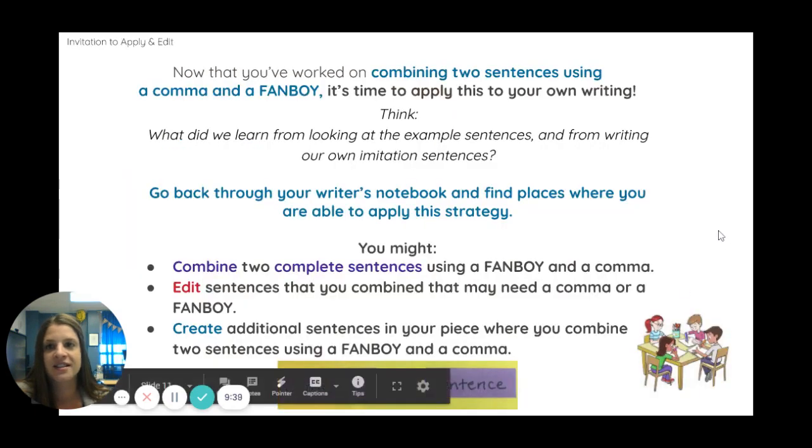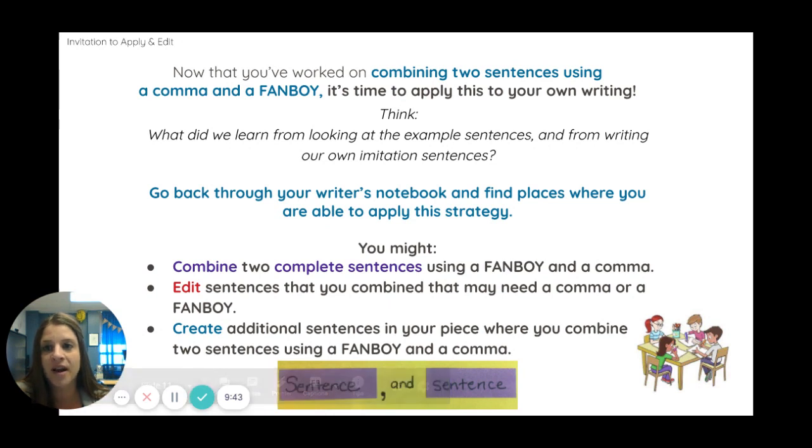Okay, writers, now that you've worked on combining two sentences using a comma and a fanboy, it's time to apply this to your own writing that you've been doing. So think, what did we learn from looking at the example sentences and from writing our own imitation sentences? And then go back through your writer's notebook and find places where you're able to apply the strategy.